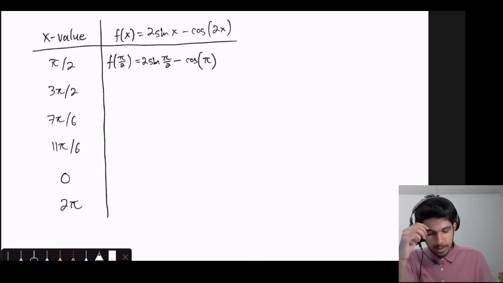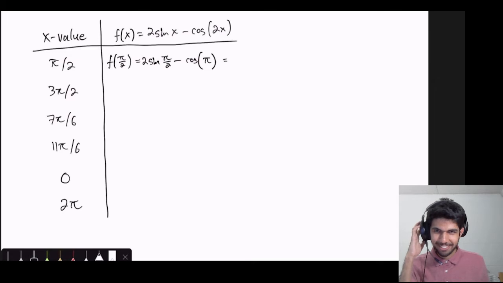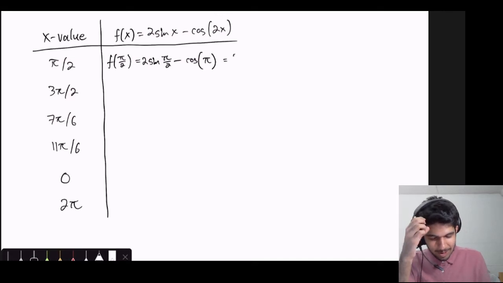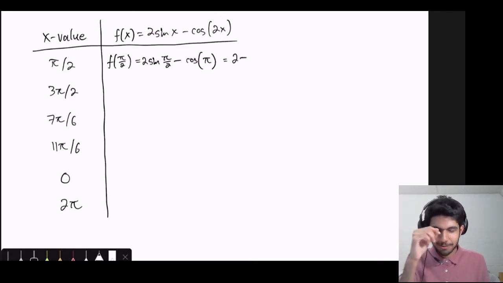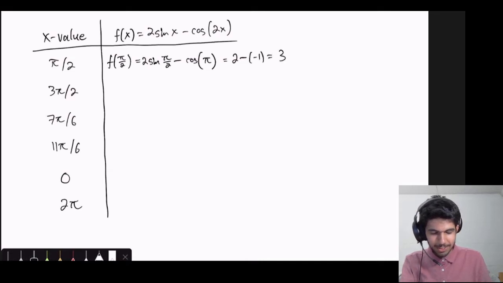Sine of pi over 2 is 1, so this is 2 minus cosine of pi, which is negative 1, so that equals 3.